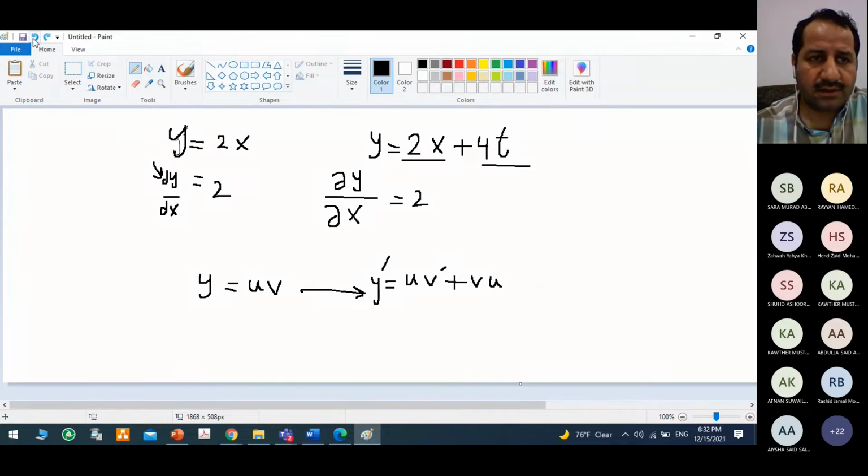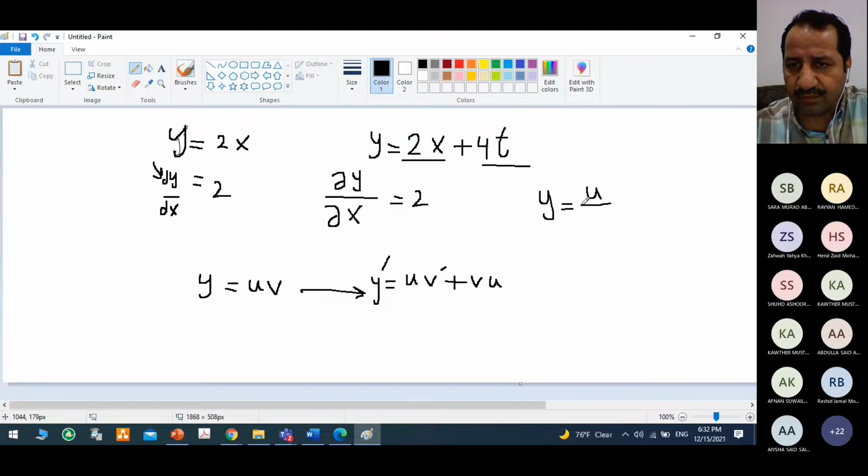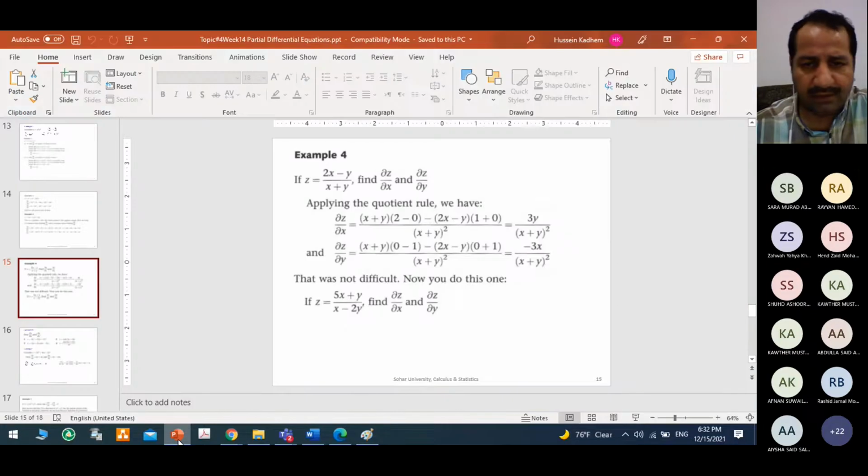If I have y equal u over v, two functions, then y dash will be v u dash minus u v dash, over v squared. You remember this formula? Great. We just need to substitute. Very simple. Have a look.